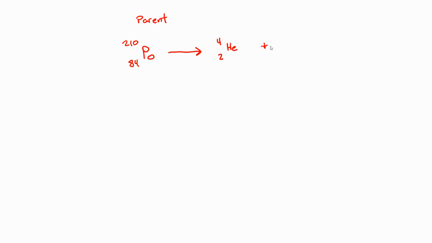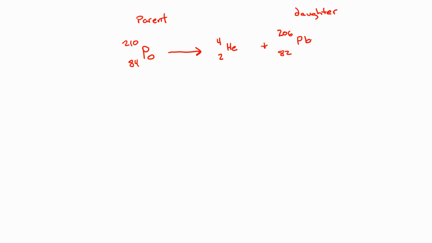So for instance, in this case, we're going from 84 to 2 and 82, because 82 plus 2 is 84. On the left side, we're going from 210 to 4 and 206. So what I have to do is look up on the periodic table which element has 82 protons. That happens to be lead.